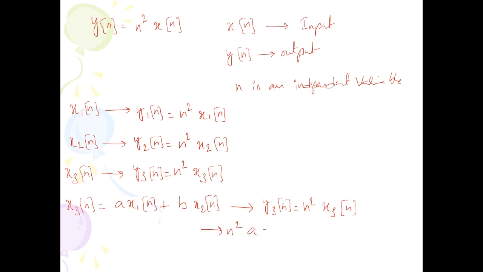This is a into x1 of n plus b into x2 of n in brackets. Now this will be equal to a into n square x1 of n plus b into n square x2 of n. Now this can be written as a into y1 of n plus b into y2 of n.